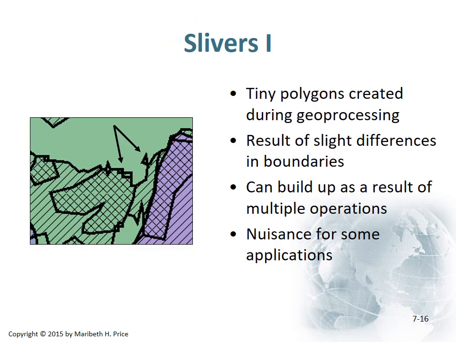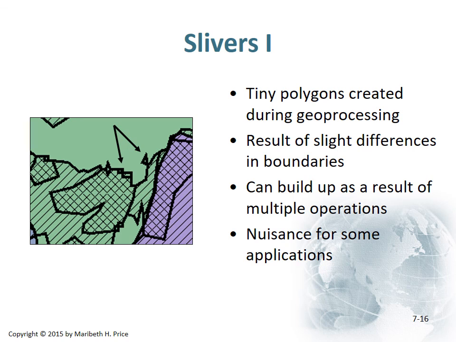So here's this idea of slivers again. Slivers, in this case, are going to be teeny tiny little polygons that are created during our geoprocessing functions. And they come about as we have slight differences in boundaries between the input polygons, for example, here.